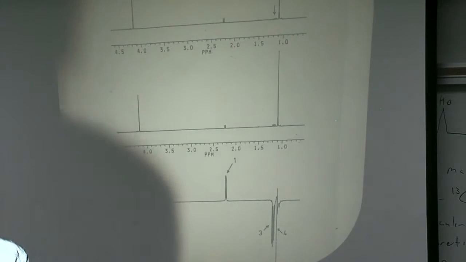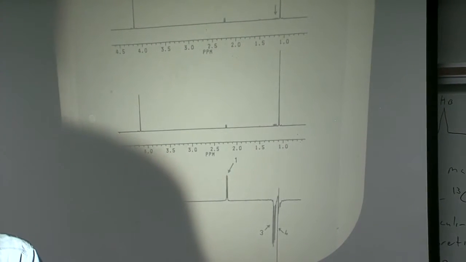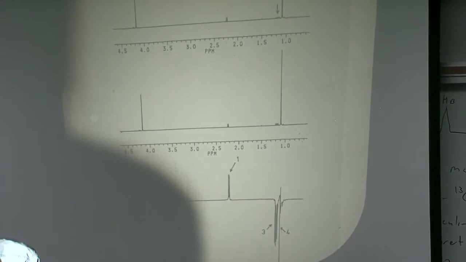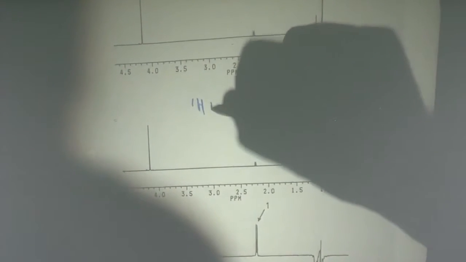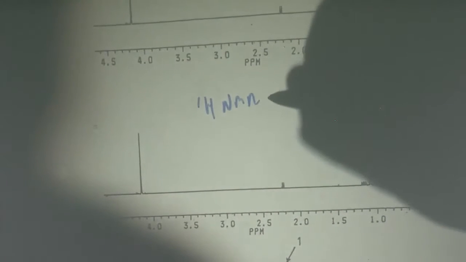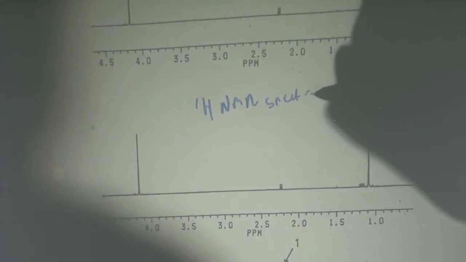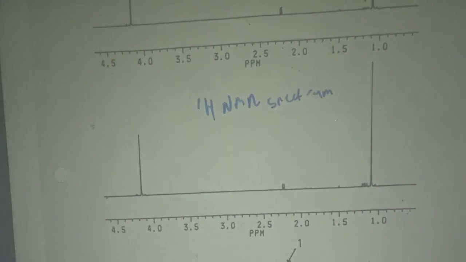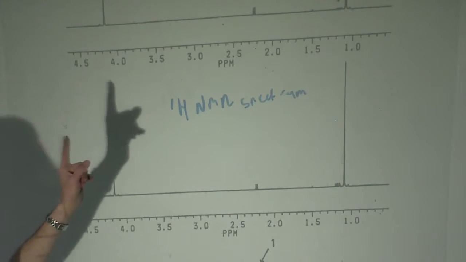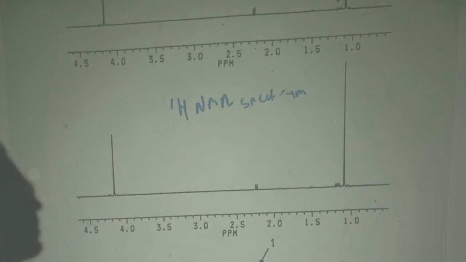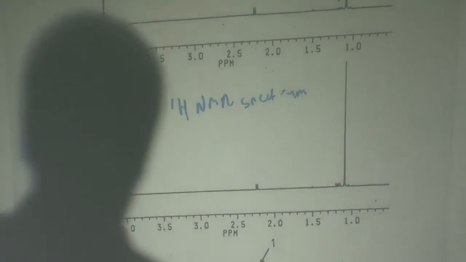So here's a molecule. The particular molecule isn't important, but you'll see the issues. So this is an H1 NMR spectrum of the molecule. And this is an NMR spectrum in which we've irradiated one of the protons.